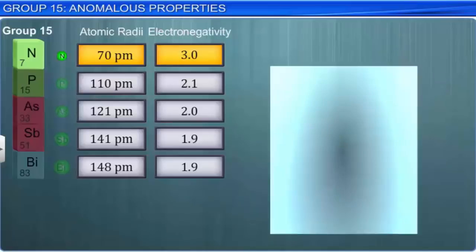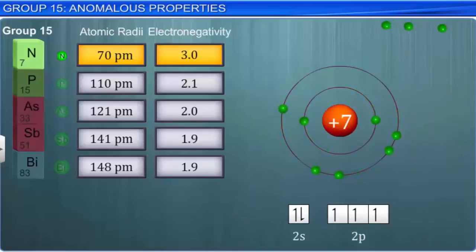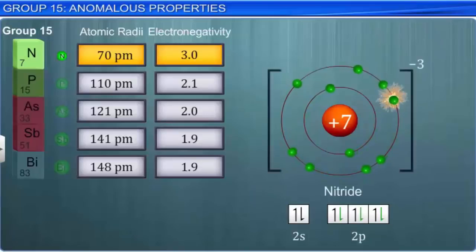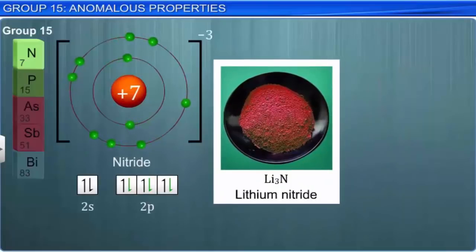Only nitrogen can form nitride ions by gaining electrons due to its small size and high electronegativity. For example, lithium nitride and magnesium nitride.